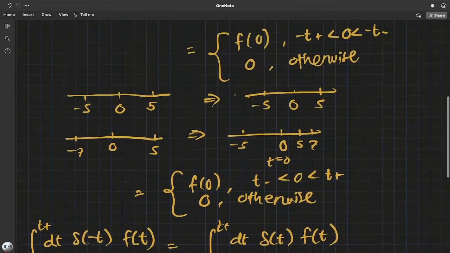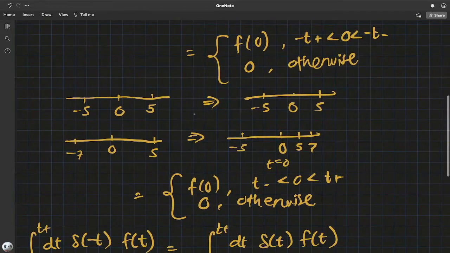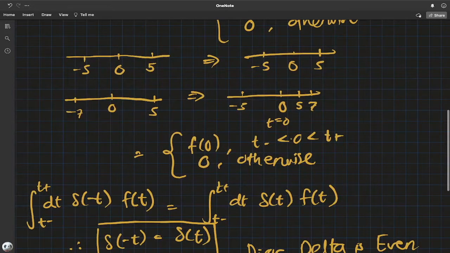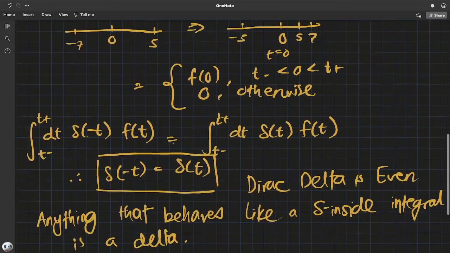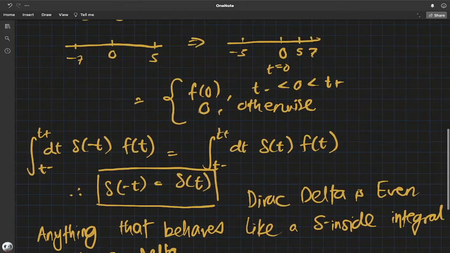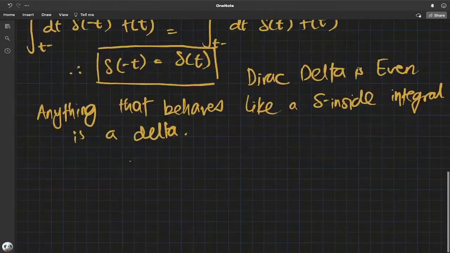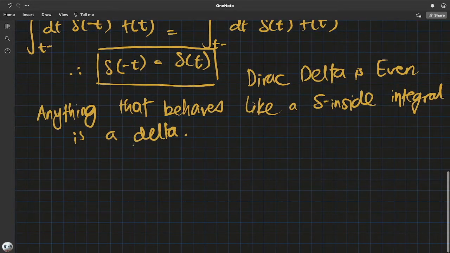Since this negative guy could be reasoned out to just be the positive, which is itself the definition of the regular Dirac delta, we can say that this equals this. So it's because of that kind of reasoning that we can conclude the evenness, or show that the Dirac delta is even. Okay, moving on.